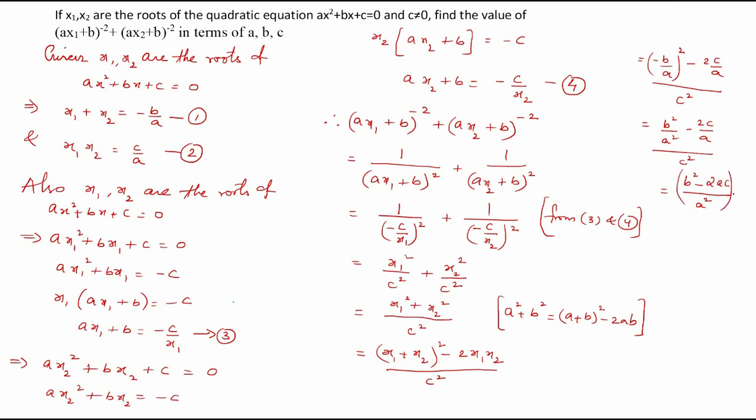And c square we can write in the reverse form as 1 by c square, because c square is nothing but c square by 1. When it comes up, it becomes 1 by c square. So the value will be b square minus 2ac by a square into c square. This is the final value of the given term: ax1 plus b whole power minus 2 plus ax2 plus b whole power minus 2.